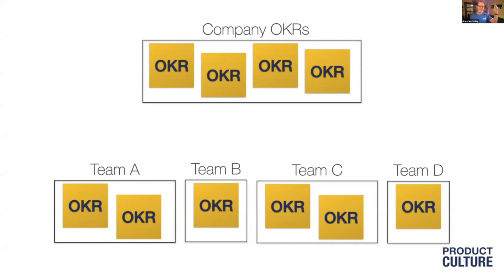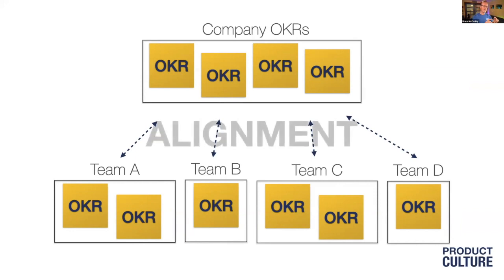Do we cascade them directly from one to the next and then down to the people? Well, first of all, let's not cascade them down to individuals at all. Let's keep it at the team level. But then let's seek rough alignment between what the teams are putting together and what the company is aiming for.